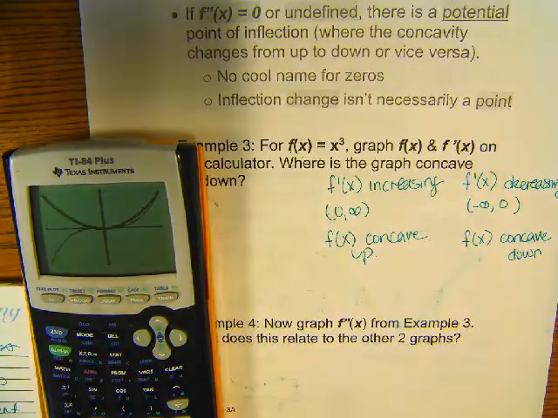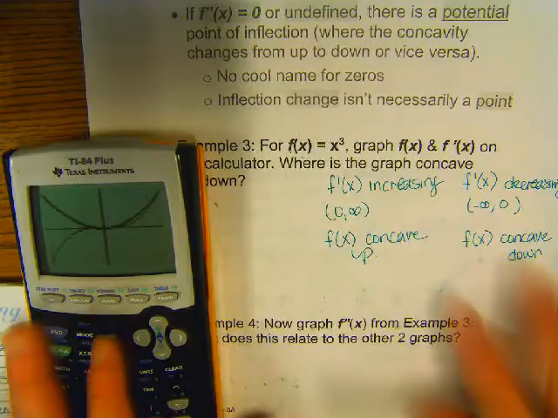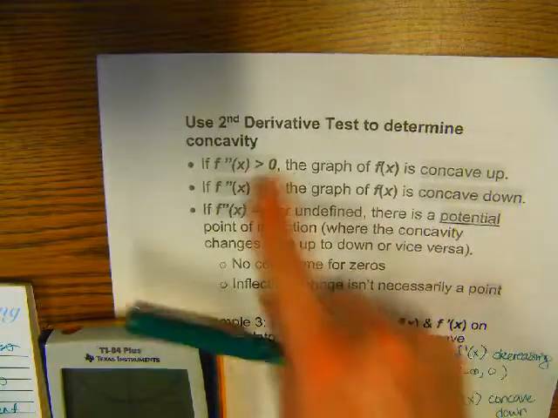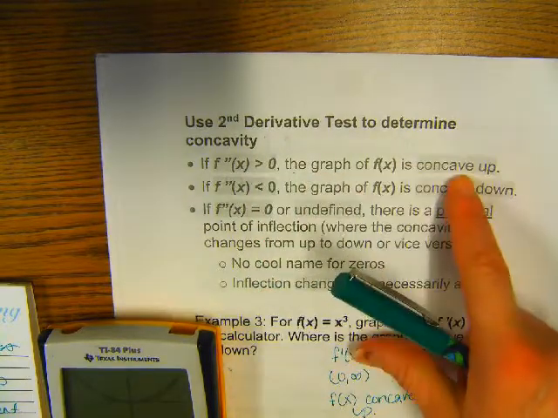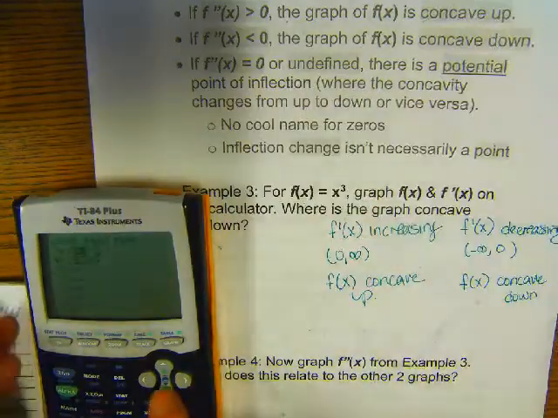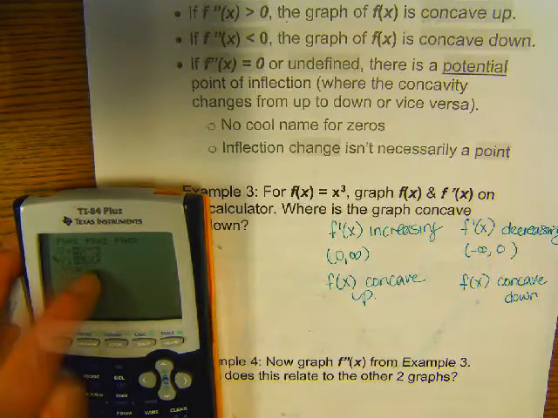All right. So if that is true, let's now take a look at the double derivative. Where the double derivative is positive, that's where the original graph is concave up. So let's take out our derivative and write the double derivative, which would be 6x.